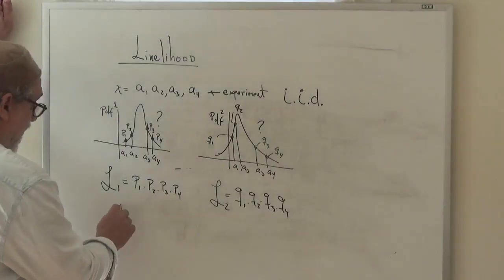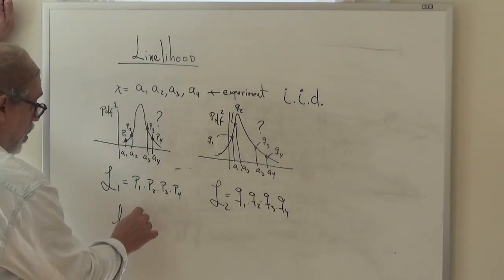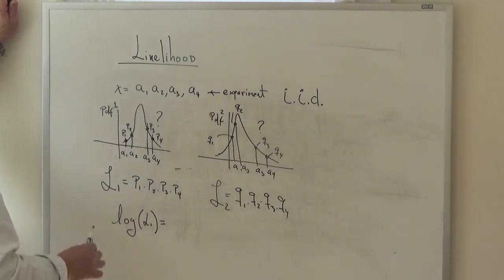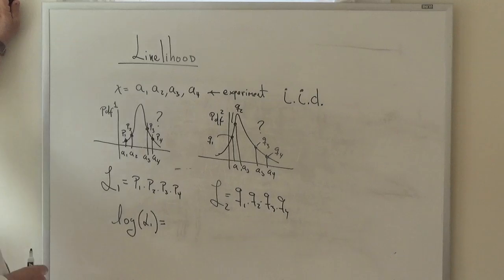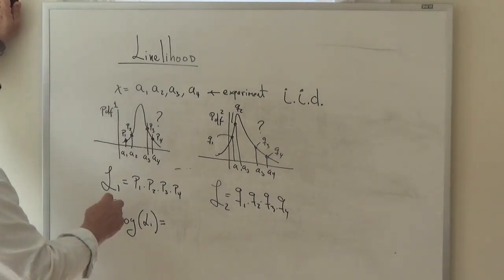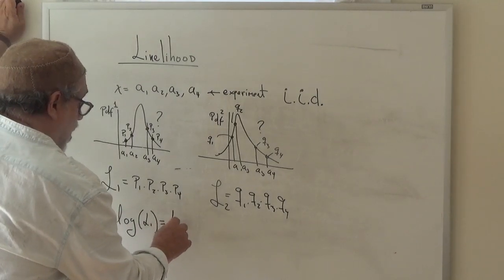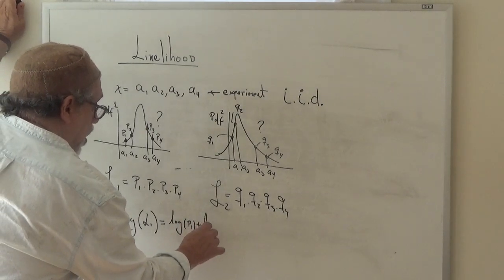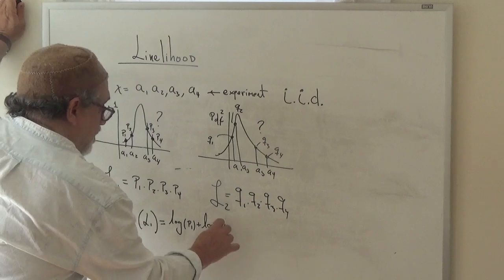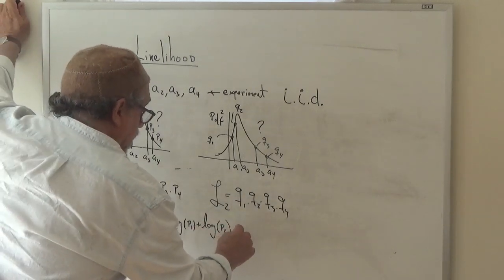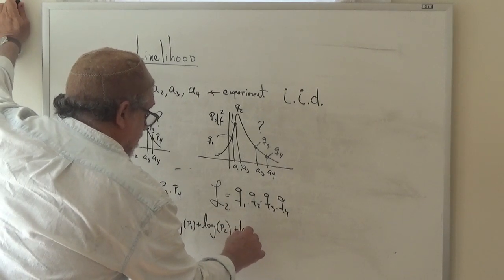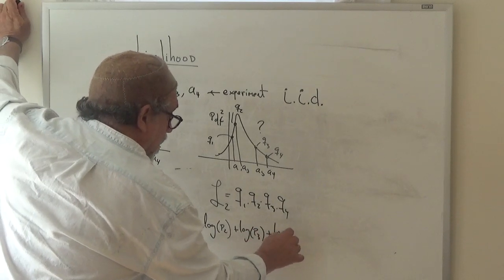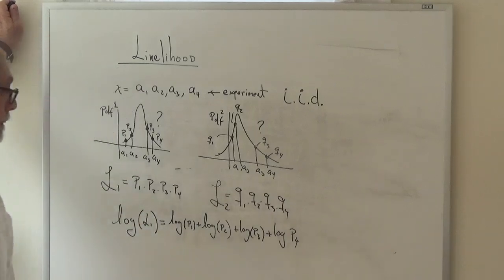So if we take the log of the likelihood L1, you know that the log of a product is the sum of the logs. So that would simply be the log of P1 plus the log of P2 plus the log of P3 plus the log of P4.